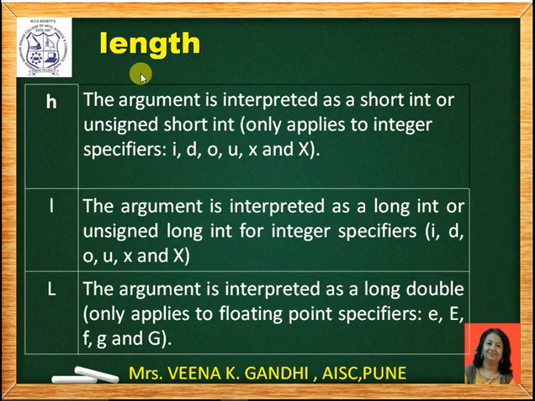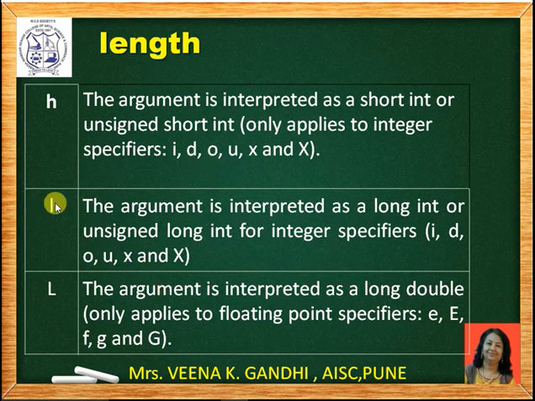Now the length modifier or size modifier, you can say. h indicates the argument is to be interpreted as short int or unsigned short int, only applicable for the type specifiers i, d, o, u, x or capital X, meaning decimal integer, octal integer and hexadecimal integer.